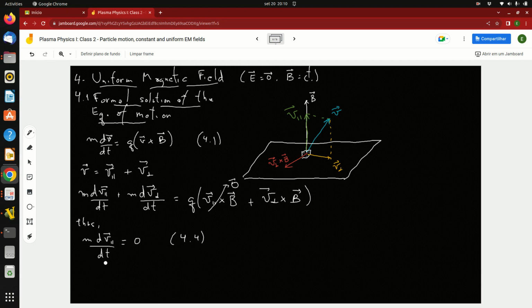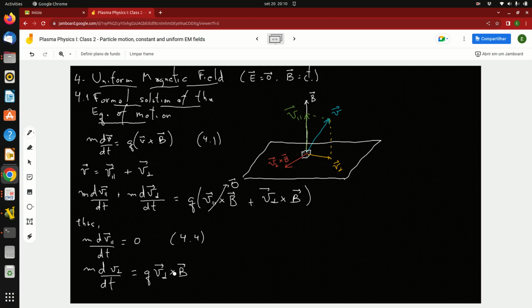And the perpendicular component is m dv perp dt equal to q v perp cross B. If you sum these two equations, you get the previous one.